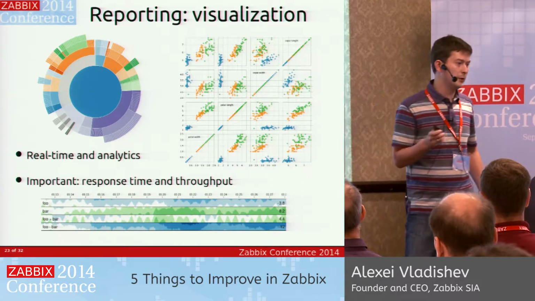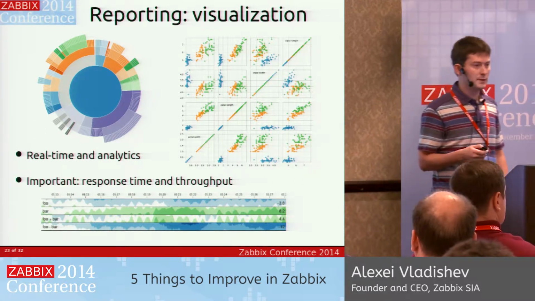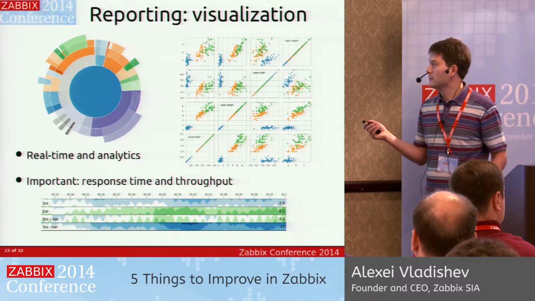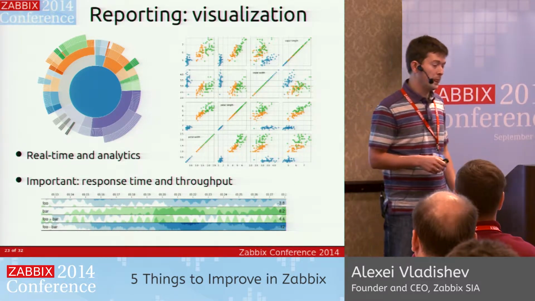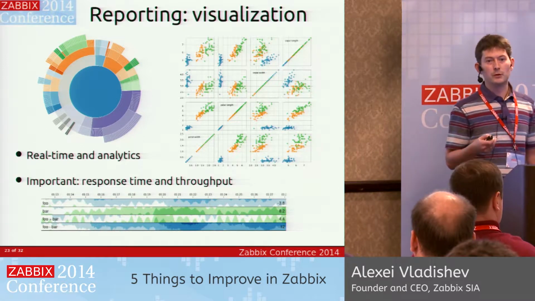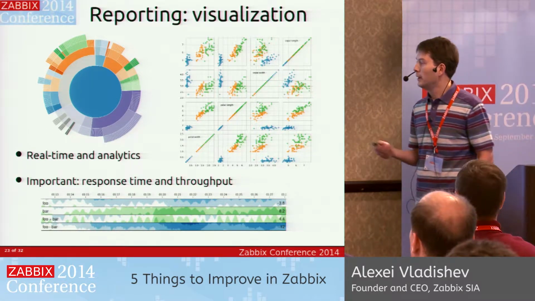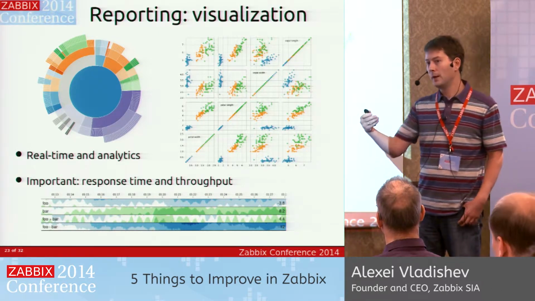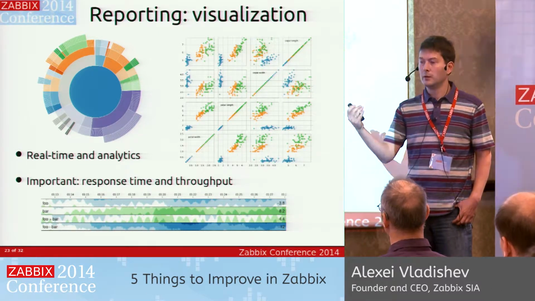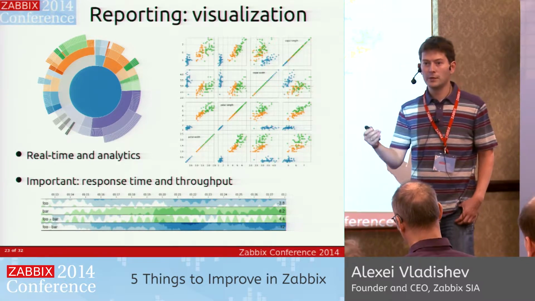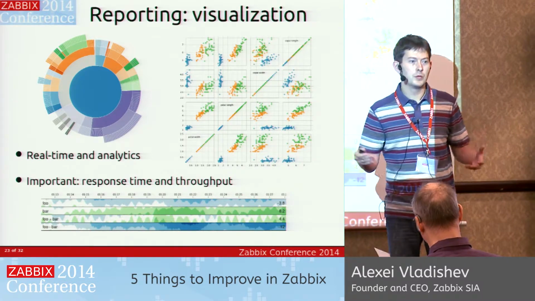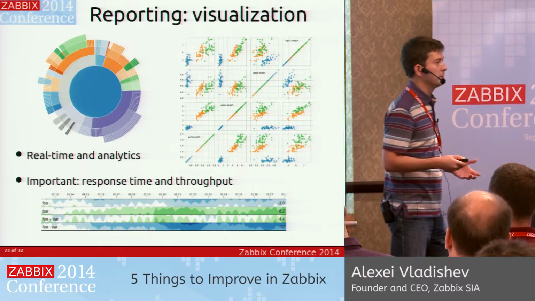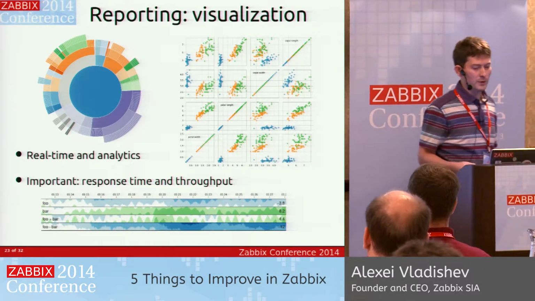This is really, really important, and I guess all of us miss this feature very much. Of course, at this moment, I don't know what kind of tools we are going to use and how this will be implemented, but this is where your feedback is really important for us. Just tell us, register some feature requests, vote on the feature requests, what reports are the most important for us as Zabbix users.